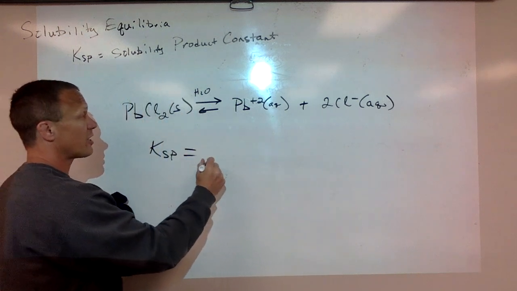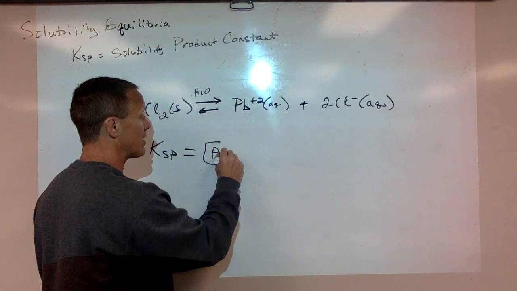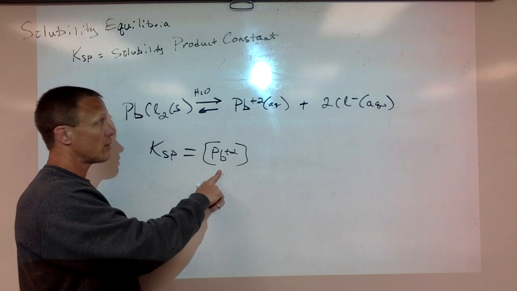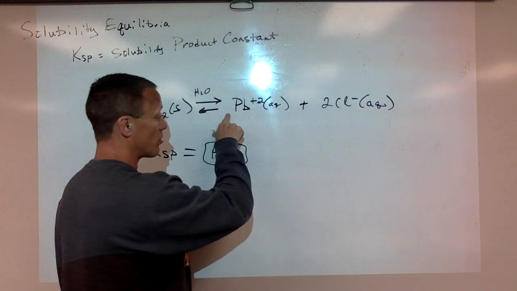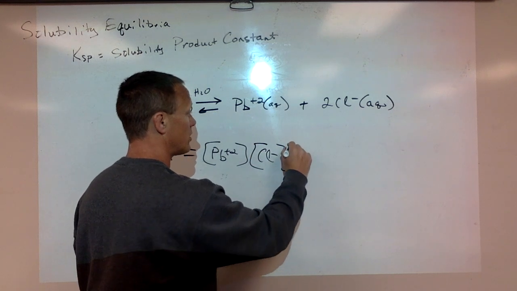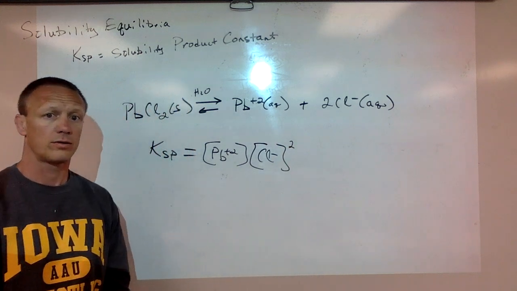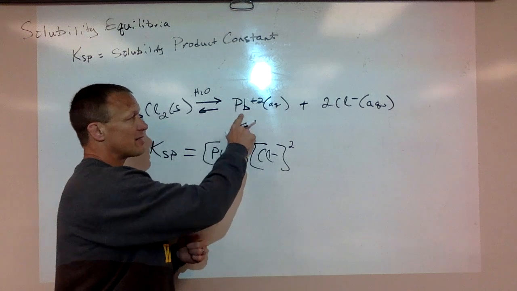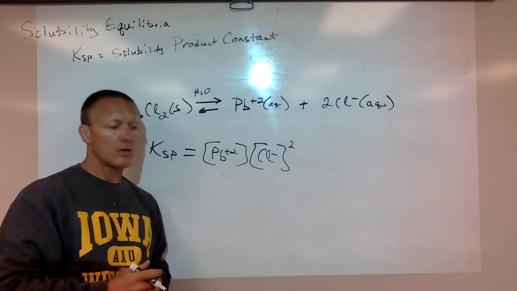So we're going to say KSP equals the concentration of lead ions, in molarity, to the first power because there's no coefficient, times the concentration of chloride ions squared. Again, there is a maximum solubility at a certain temperature.